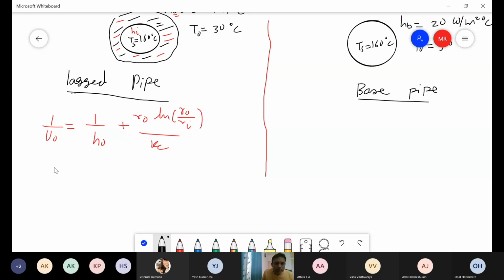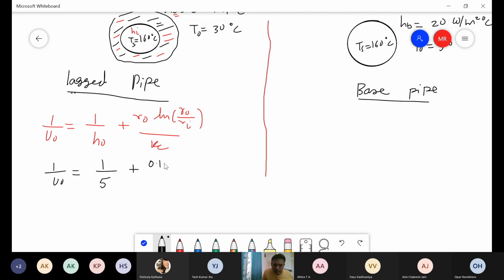Okay, so let us calculate this. 1 by U naught is given as 1 by h naught. Now h naught we already know, that is given as 5 plus r naught. r naught is going to be the outer radius. So the radius of the pipe: 100 mm pipe is given, so that is the diameter of the pipe, isn't it? So radius will be 0.05, isn't it? And above this particular bare pipe there is a 100 mm thickness of insulation applied. So what will be r naught? r naught is going to be 0.15 meter, isn't it?